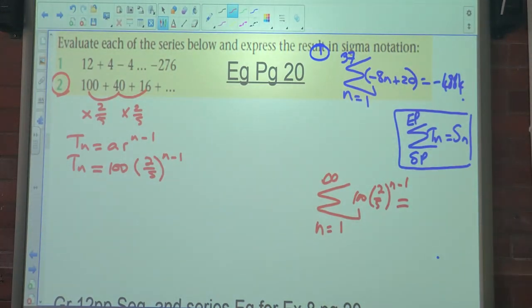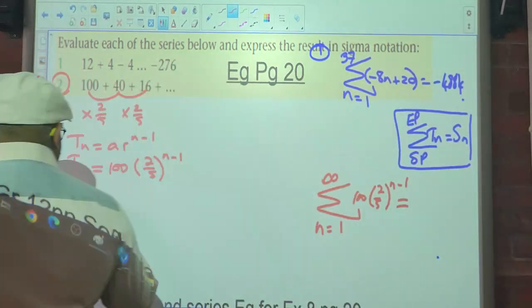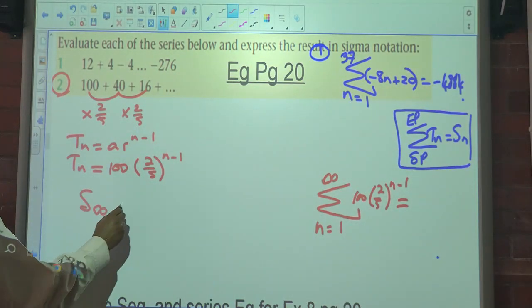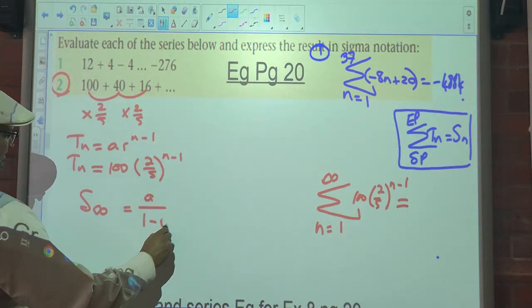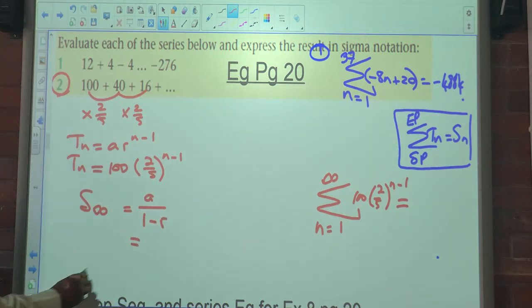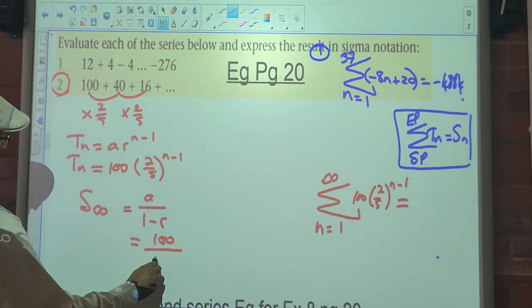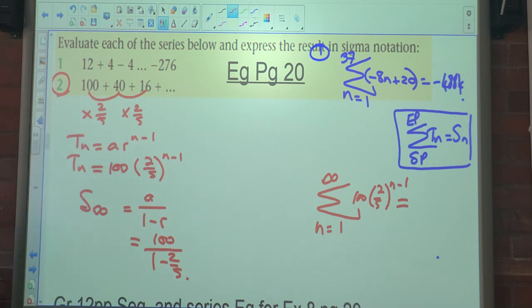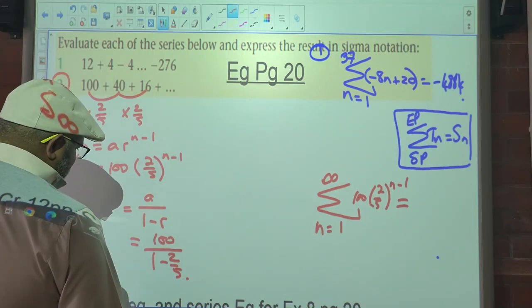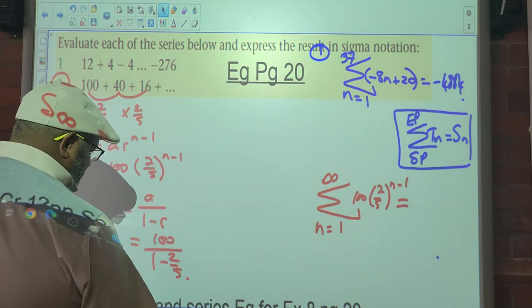So I must still calculate the sum to infinity. What's the sum to infinity formula? a over 1 minus r. What's my a value? 100 over 1 minus 2 over 5. So it's going to give me 500 over 3.